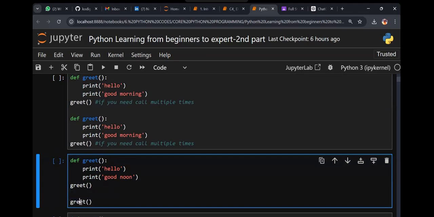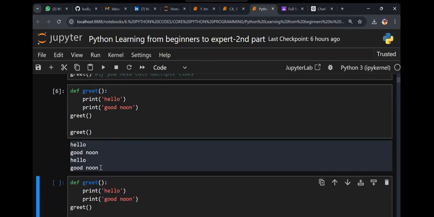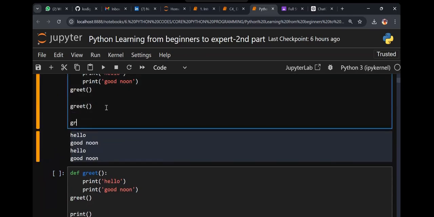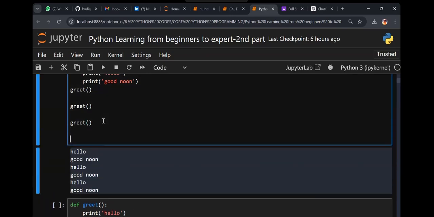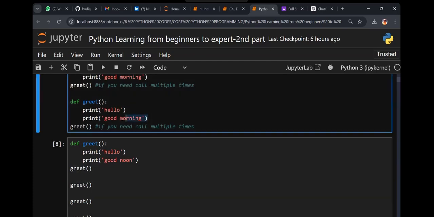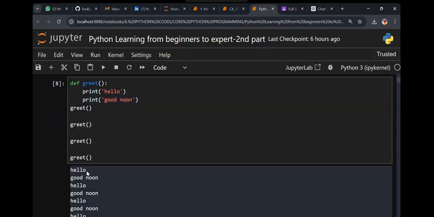Call how many times? 2 times, so how many statements do I generate? Now 4. Is this part clear or not? Now if I write greet, how many times? Guys, are you clear? So the beautiful part of the function is once you define it, you reuse it later. Once I define the statement, am I reusing it multiple times or not? That's the beautiful part of functions, guys.